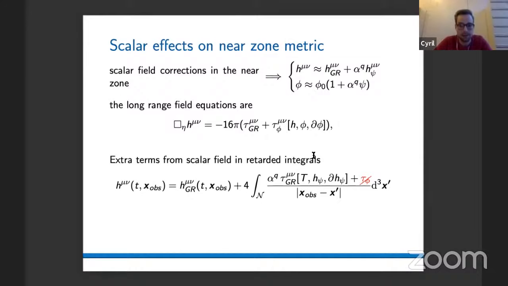Now if you do the calculation of this extra term, you get something complicated, but that enters at next to leading order compared to the leading order of general relativity, and also attenuated by this factor alpha to the power q. So we expect this contribution to be smaller than the one we just saw, because it appears at lower order.